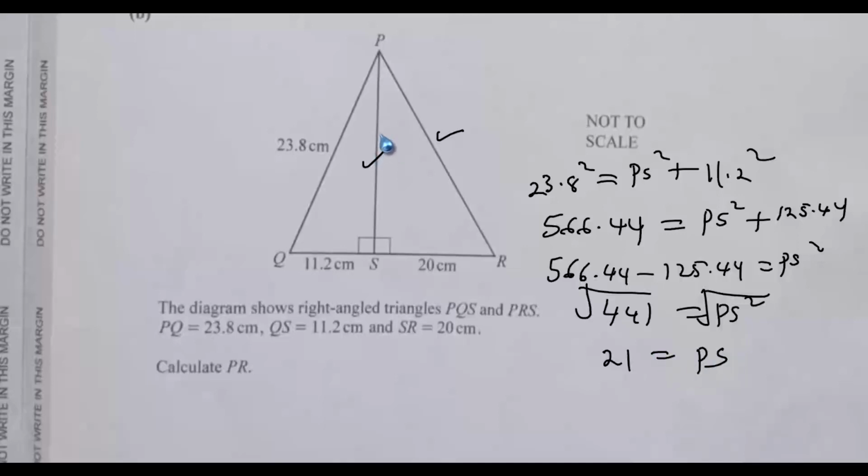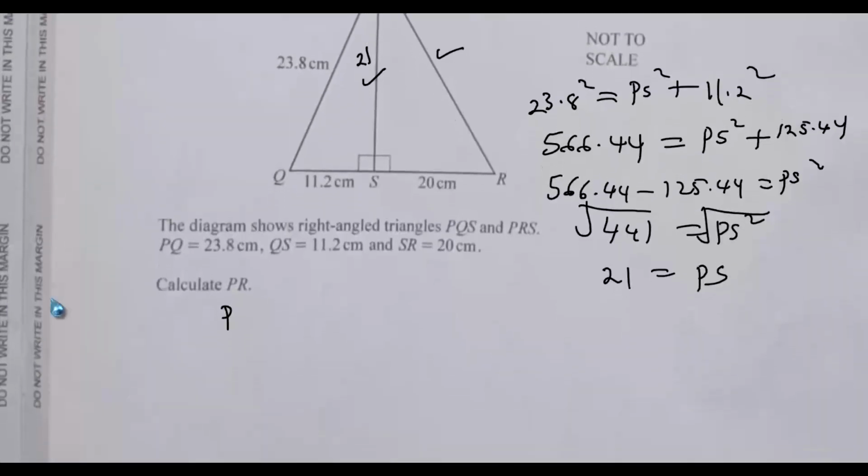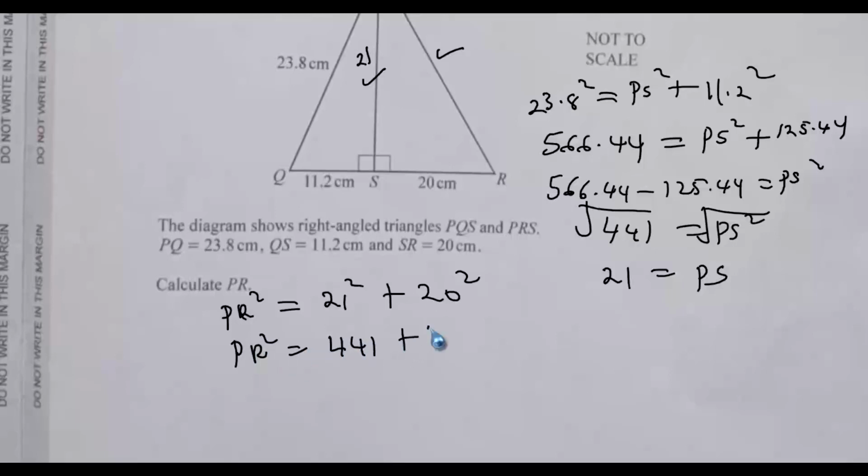So now that we found the value of PS to be 21, it is easy for us to find PR using Pythagoras theorem again. We say PR squared, that is the square of the longer side, must be equal to 21 squared plus 20 squared. 21 squared is 441, add 400, so these two add up to 841.